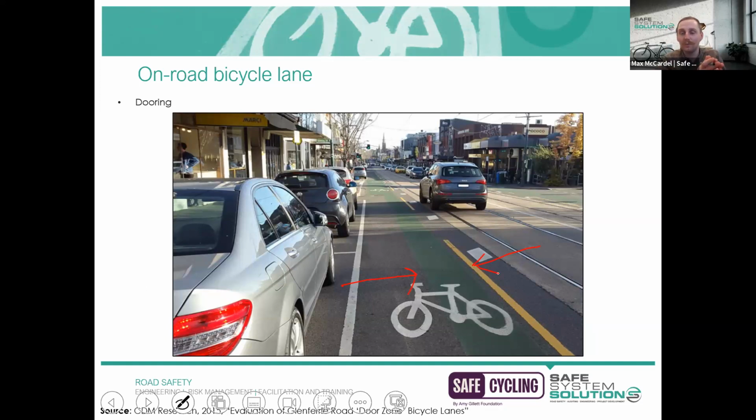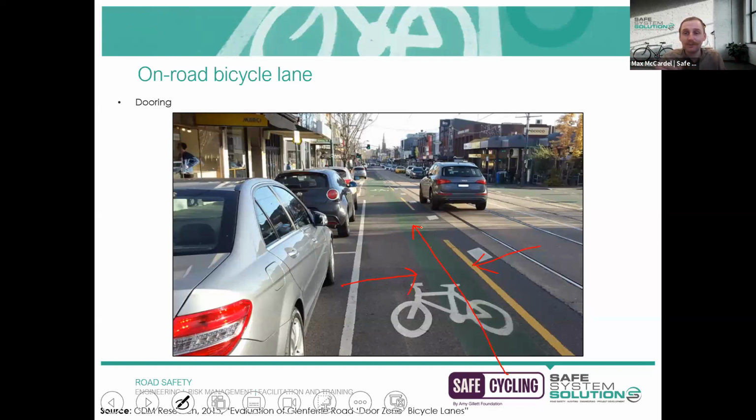It's not the whole width of the bicycle lane. And the reason being, this was used as a trial to see if cyclists would ride further away from the dooring zone. So they wanted to see if we put the stripe not in the center of the bike lane or not the entire bike lane, we deliberately offset it, will cyclists change their positioning?